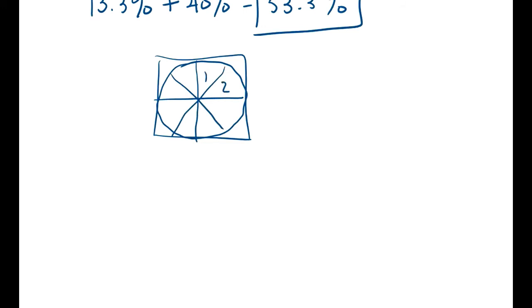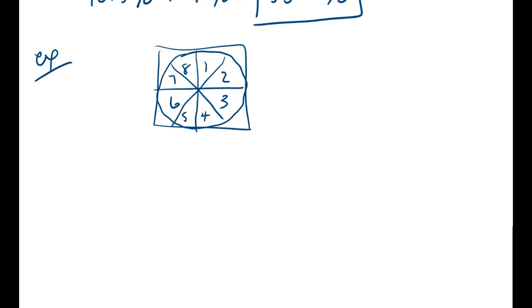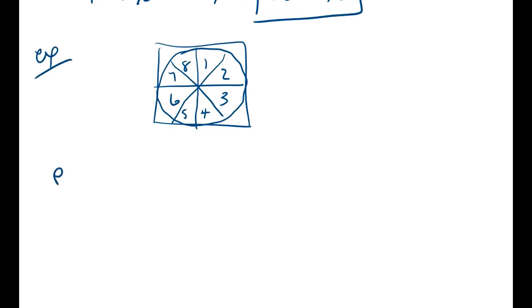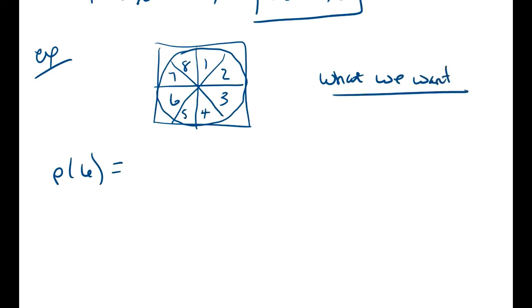Okay, and let's just say that each piece of this spinner is a number from 1 to 8. Your assignment has different numbers in there, but for simplicity, I just did 1 to 8 for this example. Let's say that we wanted to find the probability of spinning a 6. Just to review, remember that our probability fraction or proportion is what we want over the total possibilities.